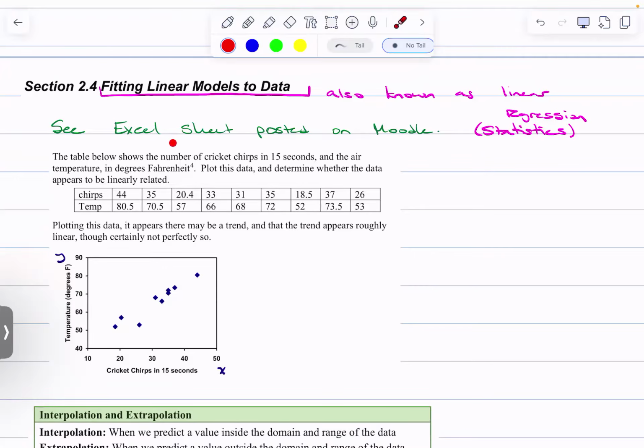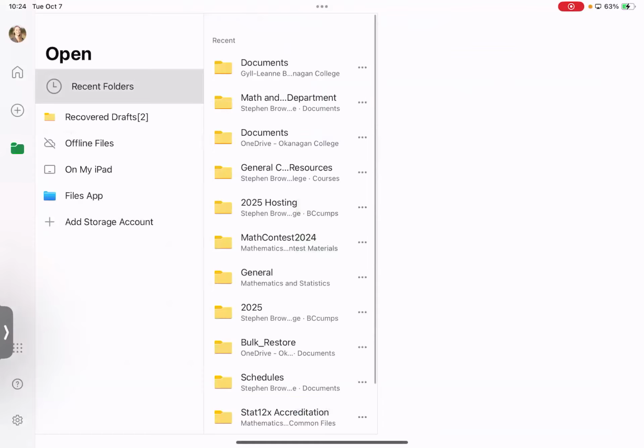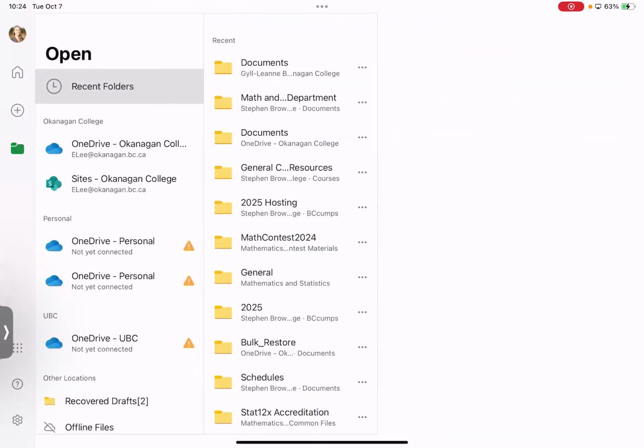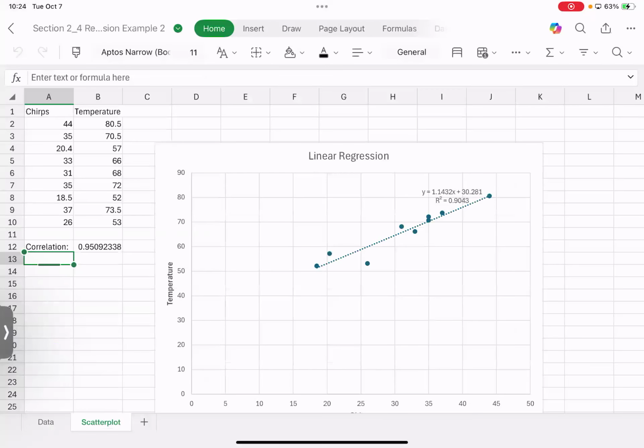So the Excel sheet that I posted on Moodle should look like, I thought I opened it, but where is it? Here, you recently opened this. Phew. Well, so it looks like this.